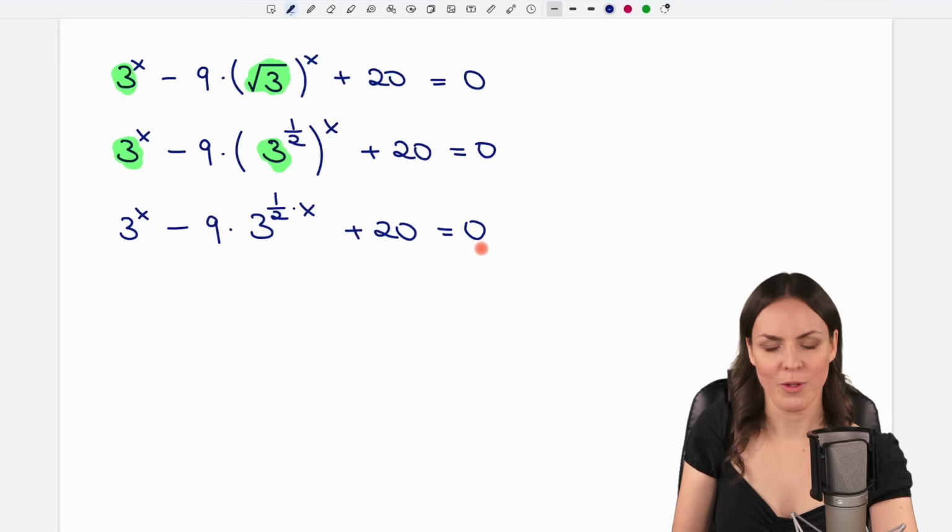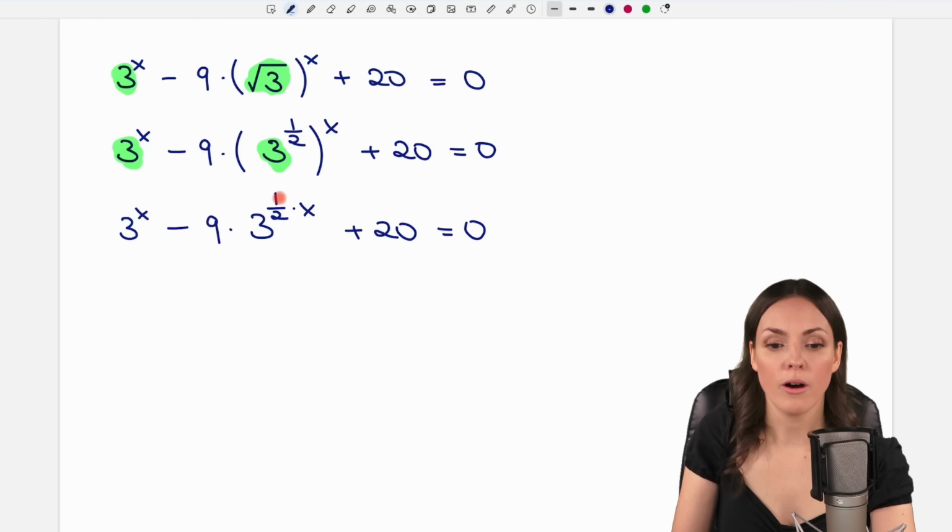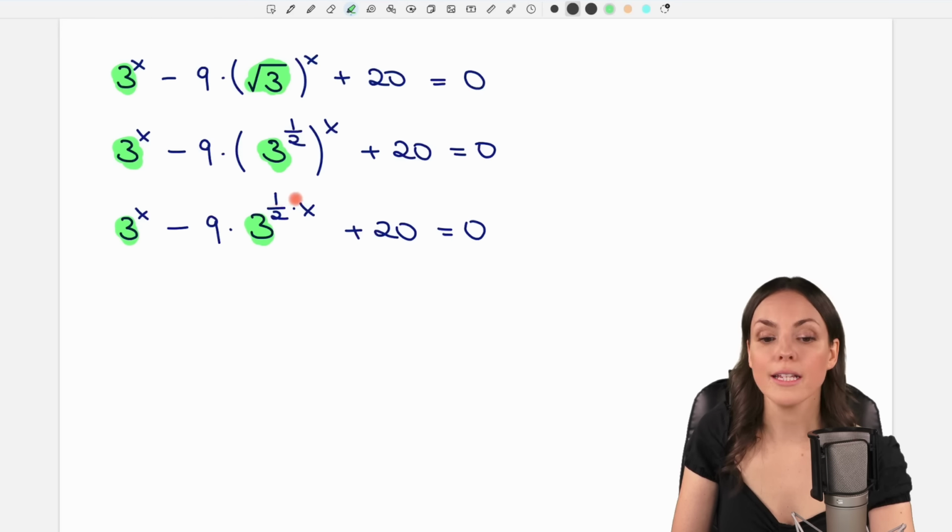So, what is so special about this equation now, about the structure of this equation? We have 3 parts here. In the first part, we have base 3 and raise it to the power of x. In the second part, we also have base 3, but raise it to half of x.